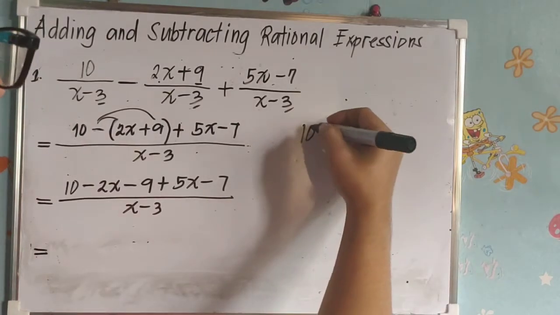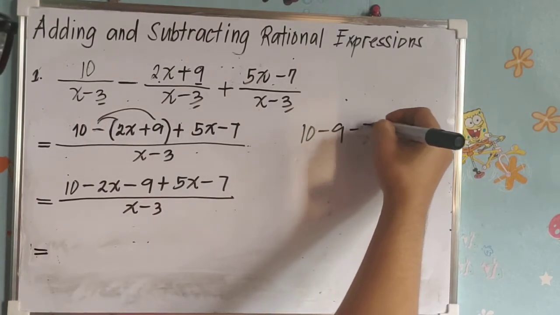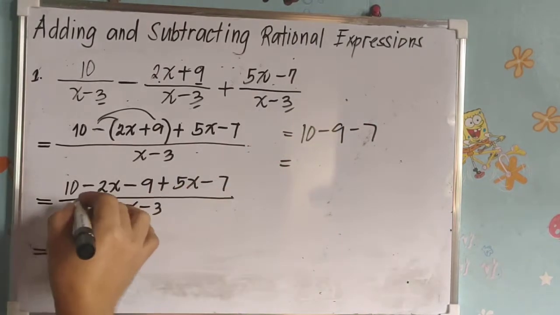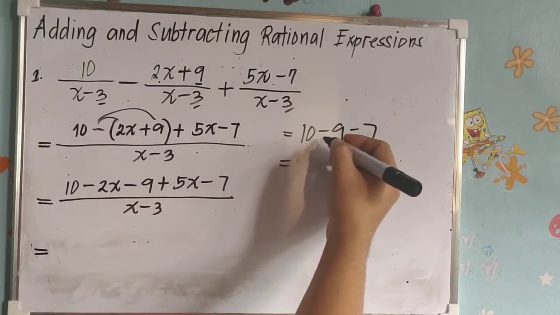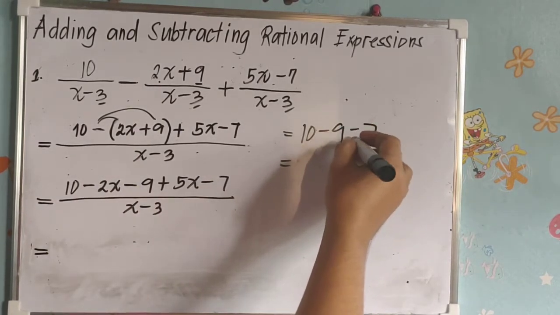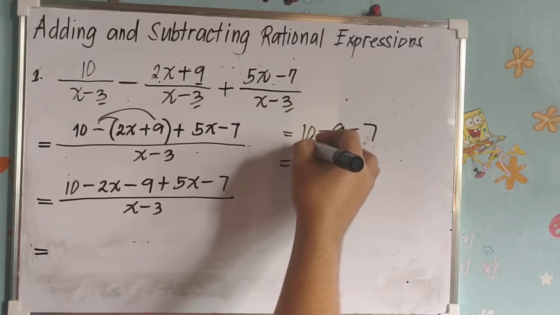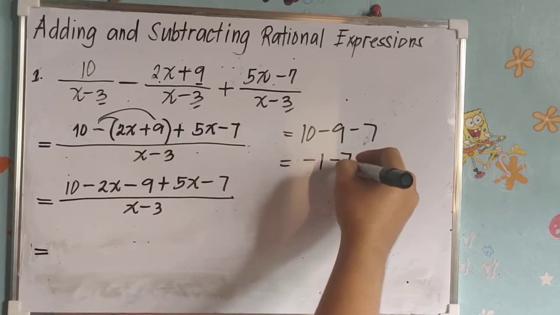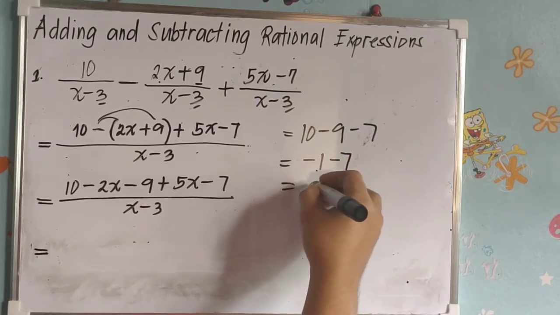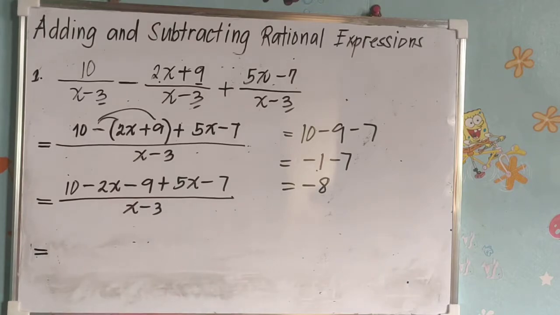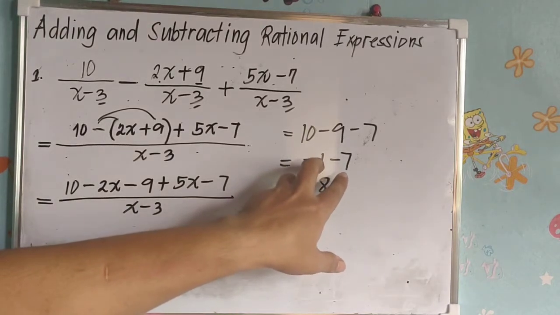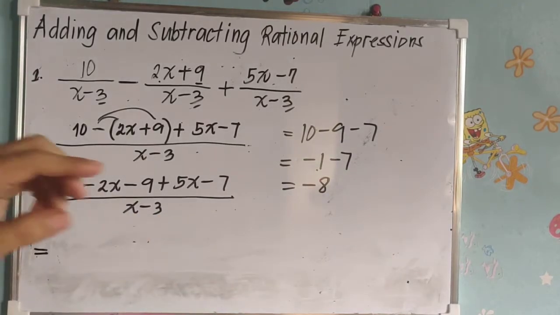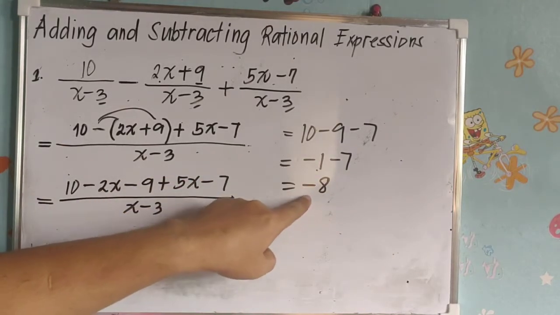So we have 10 minus 9 minus 7, all the numerical terms. 10 minus 9 is 1, minus 7 is negative 6... wait, 10 minus 9 is 1, and 1 minus 7 is negative 6.